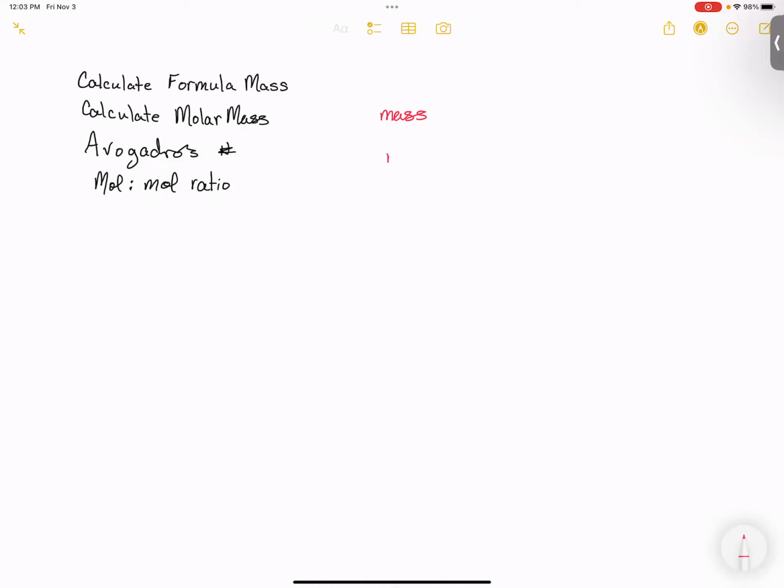If you see the word molecules, ions, or atoms, that is telling you that you're going to be using Avogadro's number as your conversion factor. And the other one, if you have two different substances, that is when you're going to use the mole-to-mole ratio.